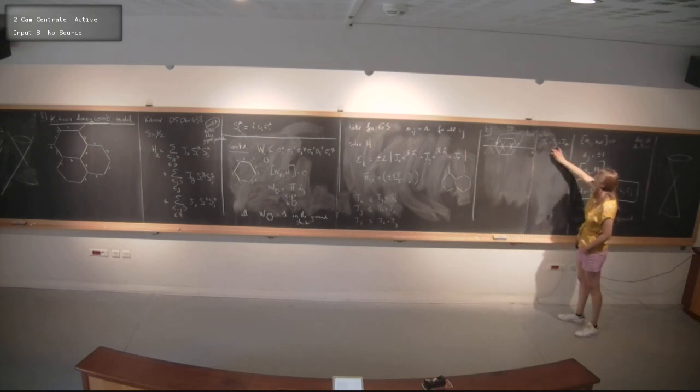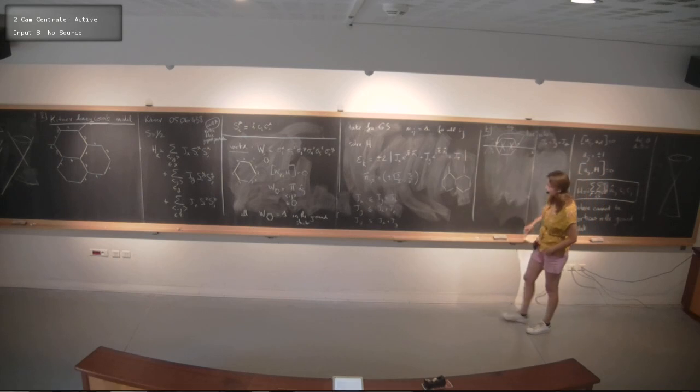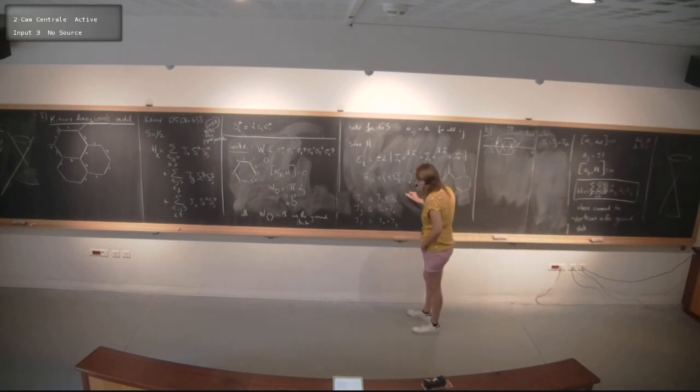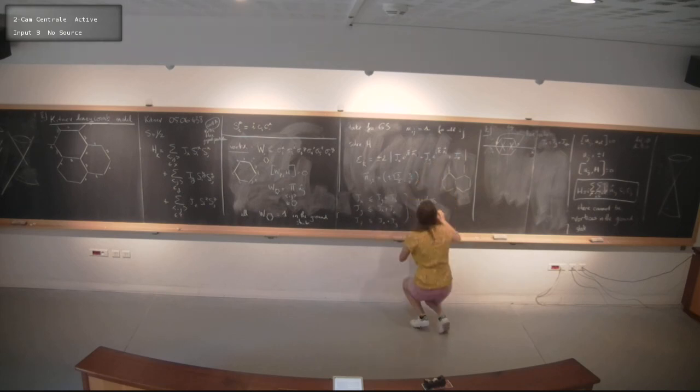So what you have is a gapless phase anytime that these constraints are satisfied. So then the system is gapless with gapless Majorana modes, Dirac cones.